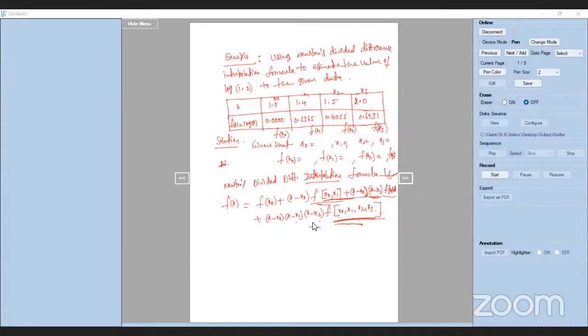Example 8 and SAQ 8 are the same. Example 9 and SAQ 9 are the same. So any one problem will come. These are important problems. And similarly, example 10, page number 27.